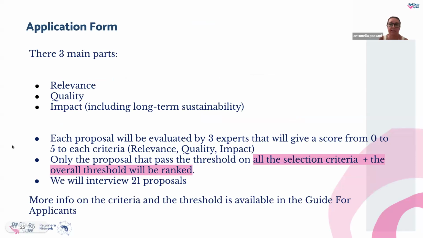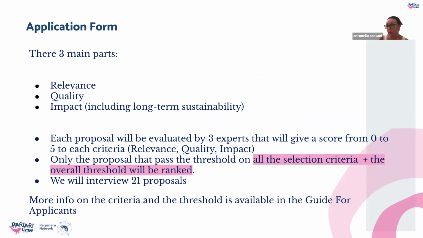The proposal is divided into 3 main parts: relevance, quality, and impact. And these are also the 3 main criteria for the evaluation. So the expert will give a score from 0 to 5 to your proposal in terms of relevance, quality, and impact.